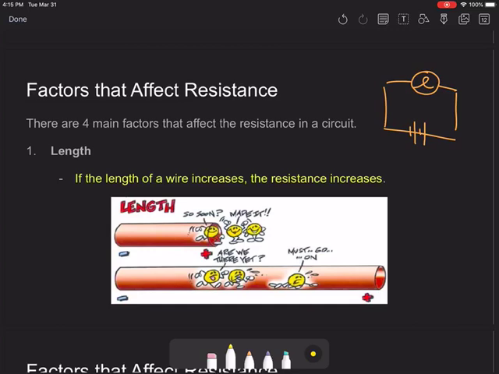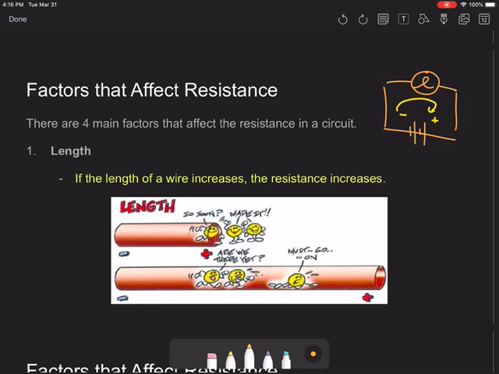Just a reminder that the side of my battery that has the longer line is my positive side, and the shorter side is my negative end of my battery. And I know that my current flows from my negative terminal to my positive terminal because it's the electrons that are moving all the way around. Okay, that light bulb is a load.